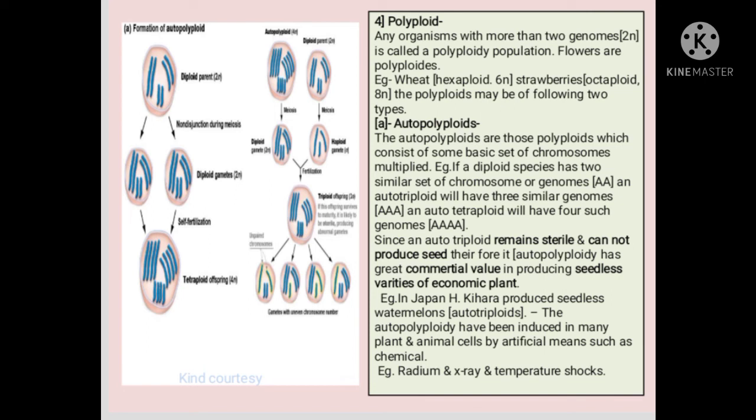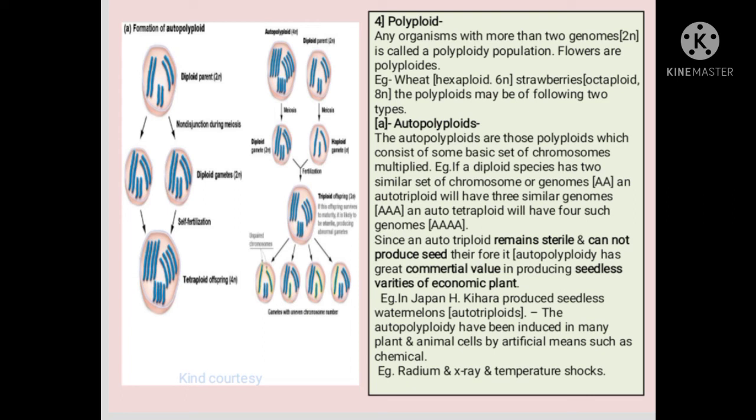Autopolyploids. The autopolyploids are those polyploids which consist of some basic set of chromosomes multiplied. For example, if a diploid species has two similar sets of chromosomes or genomes, that is AA, an autotriploid will have three similar genomes, that is AAA, and an autotetraploid will have four such genomes, that is AAAA.